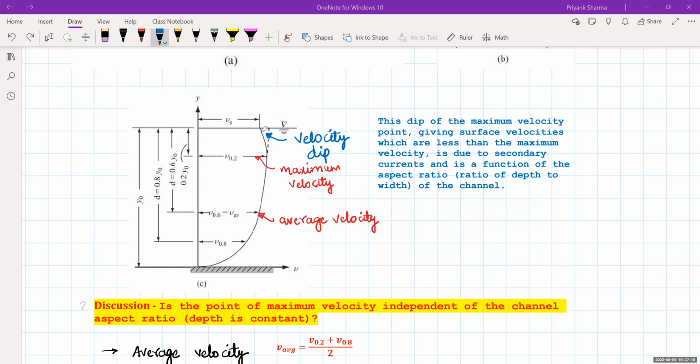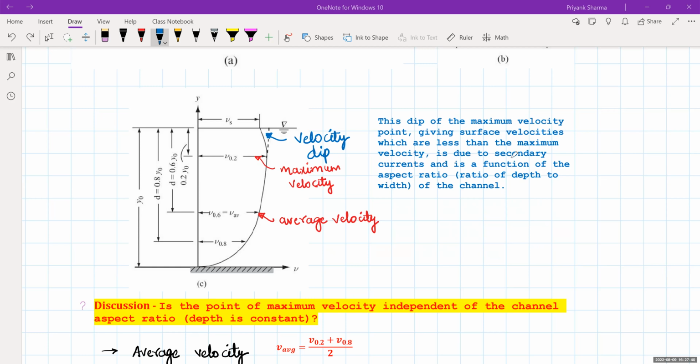Ideally, if we follow this distribution, it should have a maximum velocity at the surface, but actually it does not. This difference between the maximum and actual velocity is called velocity dip. The dip of the maximum velocity point means the surface velocity is a little less than the maximum velocity.